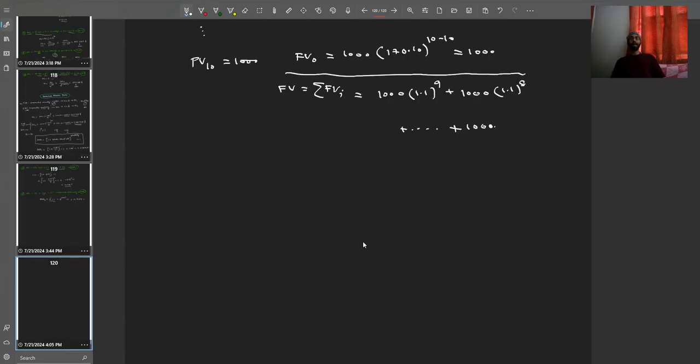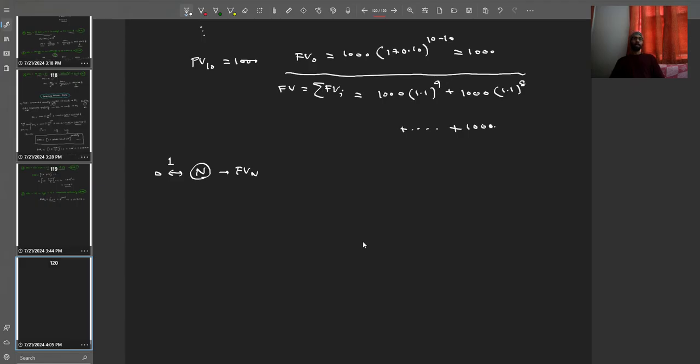Now if you want to generalize it, let's say there are n periods, 0 to n, and you start investing from period 1. At the end of n periods, what is the future value, FVN, of your periodic investments?